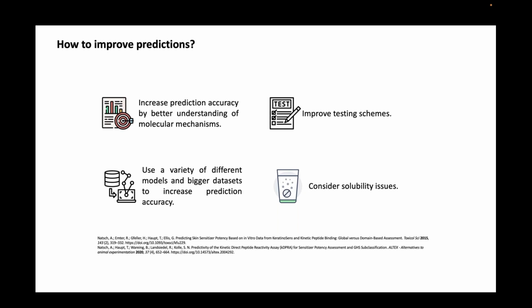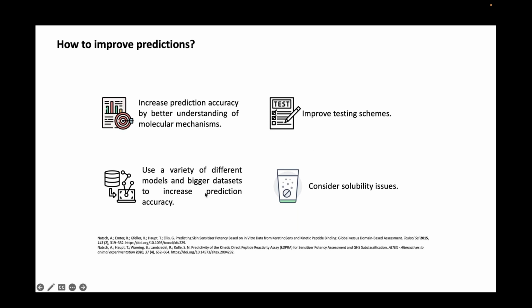So it would be very hard to do a prediction tool for neurodegenerative diseases. So we need to understand the molecular mechanisms to be able to build models. We can improve testing schemes, make them more uniform, more regulated, maybe also less regulated if it helps. So also here we have to find the best way to get the most accurate results.